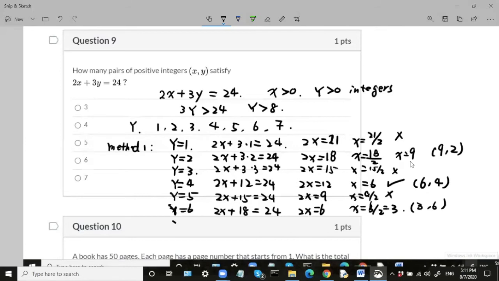And y equals 7. 2x plus 21 equals 24. And 2x equals 3. So x equals 3 over 2. Doesn't work. It's not an integer. So we only have 3 pairs.